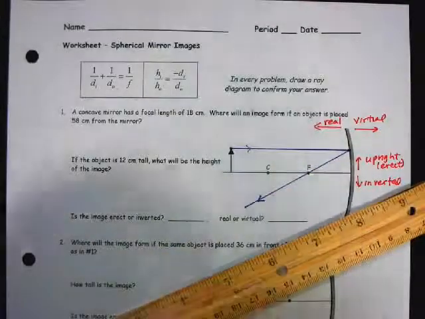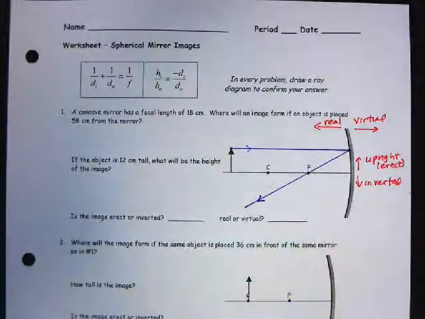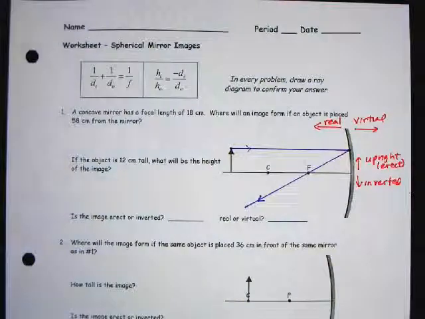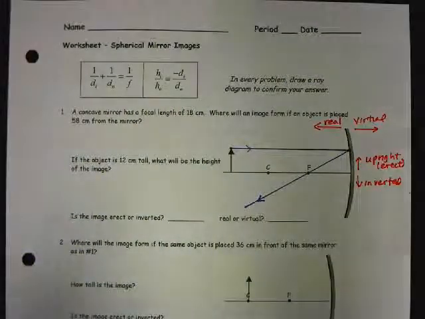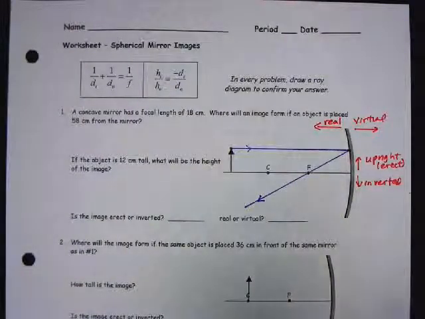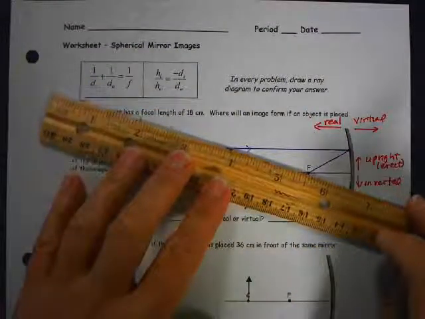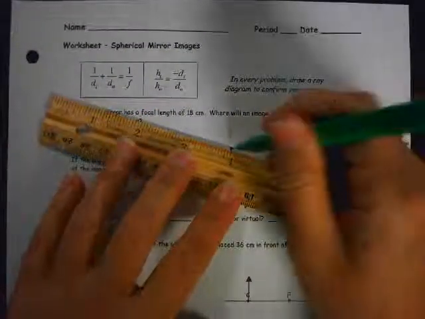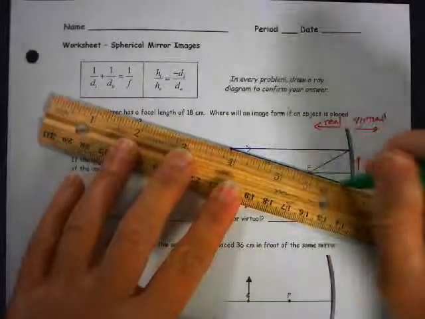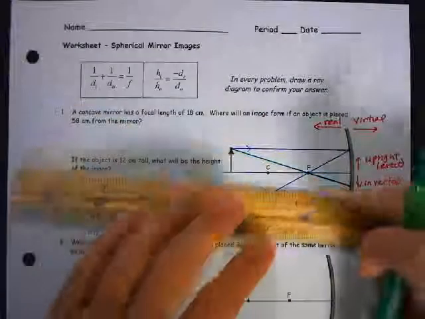Now, if you watch the video this weekend, she always does rule number 3. It doesn't matter. You only have to do 2. Rule number 2 is you go through F and then parallel. So I start at the top again. I go through F, and then I go parallel.